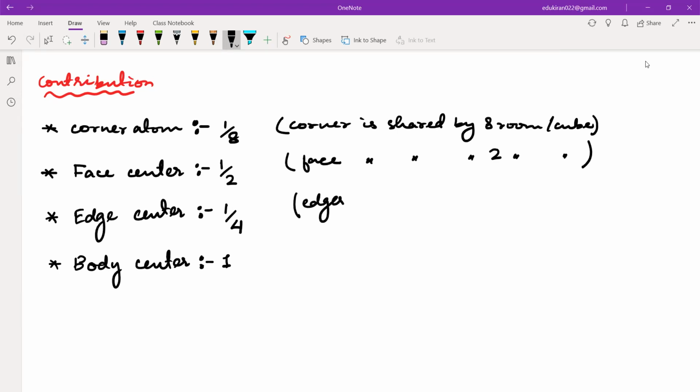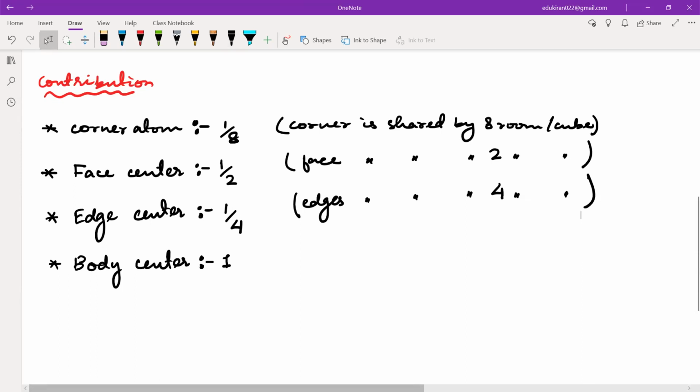Edge is shared by 4 rooms or cubes. And body center, that means the body of the cube, inside that we have one atom. It will be available only to that cube or that room, nothing else.